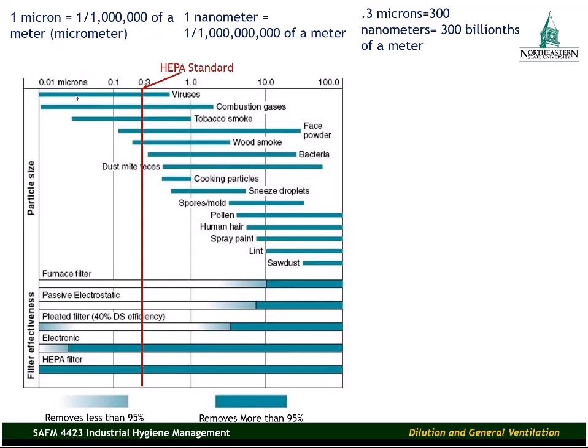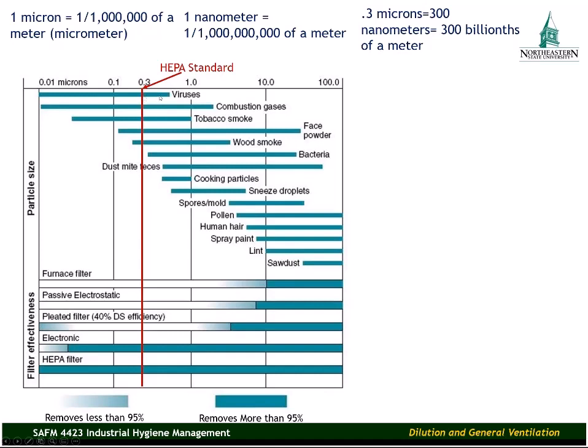Now, this 0.3 microns is the same standard that's used with respiratory protection devices. A 95% efficient respirator, or an N95, a P95, or an R95, is only capturing 95% of contaminants 0.3 microns and larger.